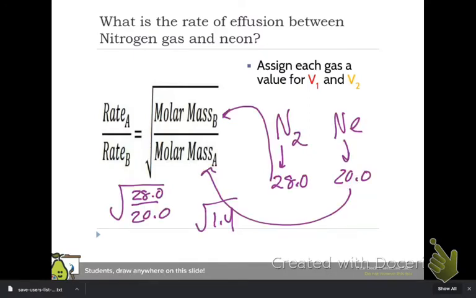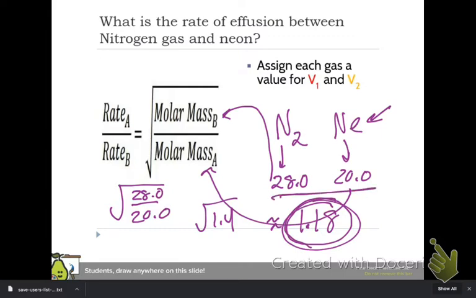And the square root of 1.4 is about 1.18. And so this tells us that, remember, the smaller you are, the faster you are. Neon travels 1.18 times faster than nitrogen. Not a lot faster, but then look at the masses. There's not a huge difference in their mass either.